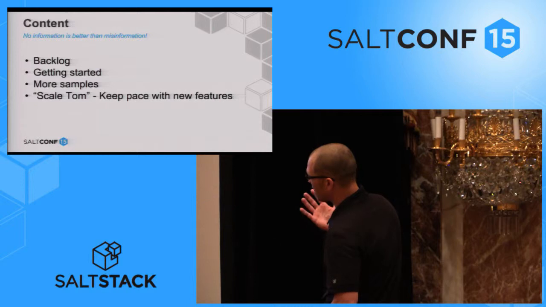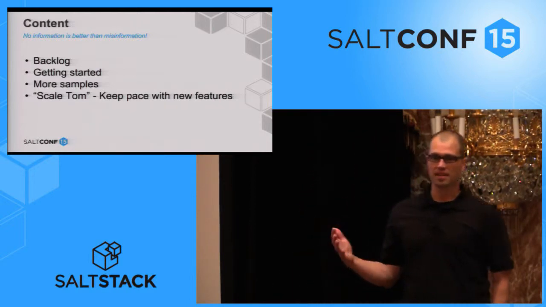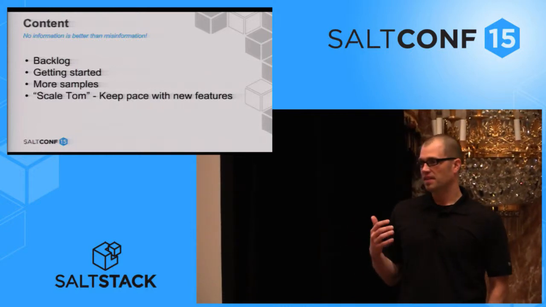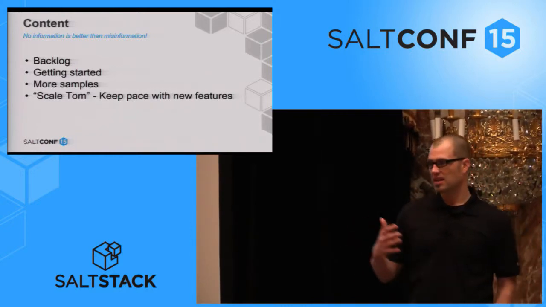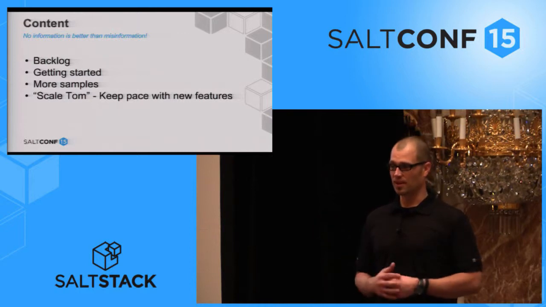I listed more samples here. This is just some feedback I've heard this week during the session. To me, I think there's a gap, at least there was for me as I learned Salt, between the code snippets and the formulas. I accidentally went to the formulas page once and it was like, whoa, what is this doing?